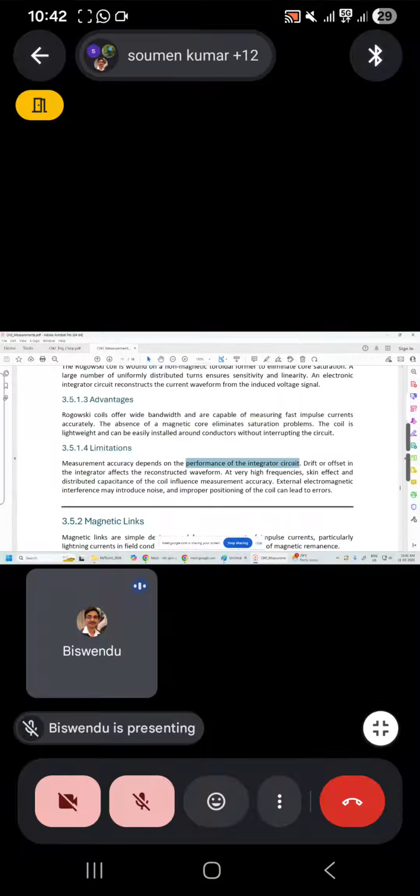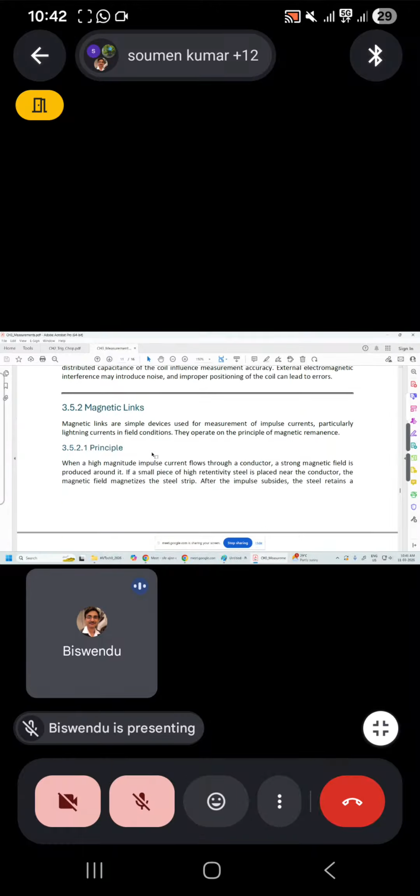For the performance of the integrator, drift or offset is very common, so it must be calibrated very frequently, and it has to be very well shielded against noise, because an integrator has an inherent problem of integrating everything. Small noises will be integrated and converted into a large value. So it must be shielded.